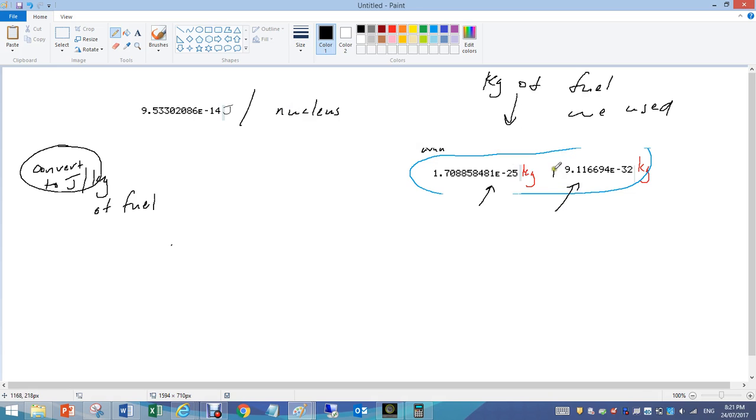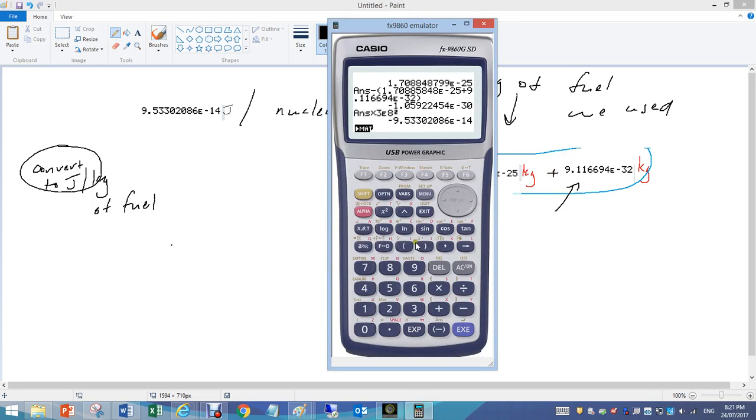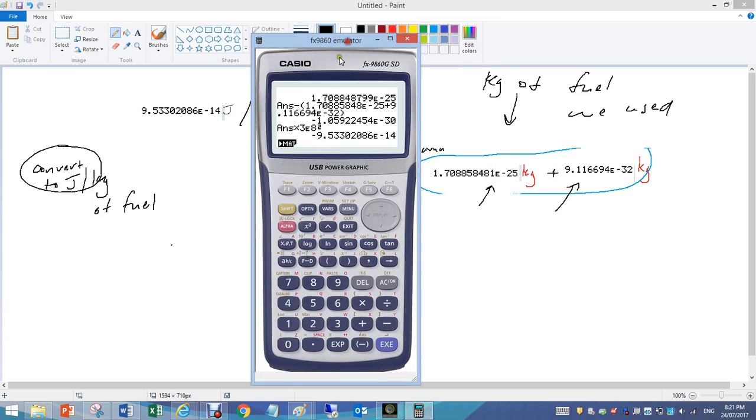So we'll add these two together. 0.70885848 by 10 to the negative 25 plus 9.116694 by 10 to the negative 32.